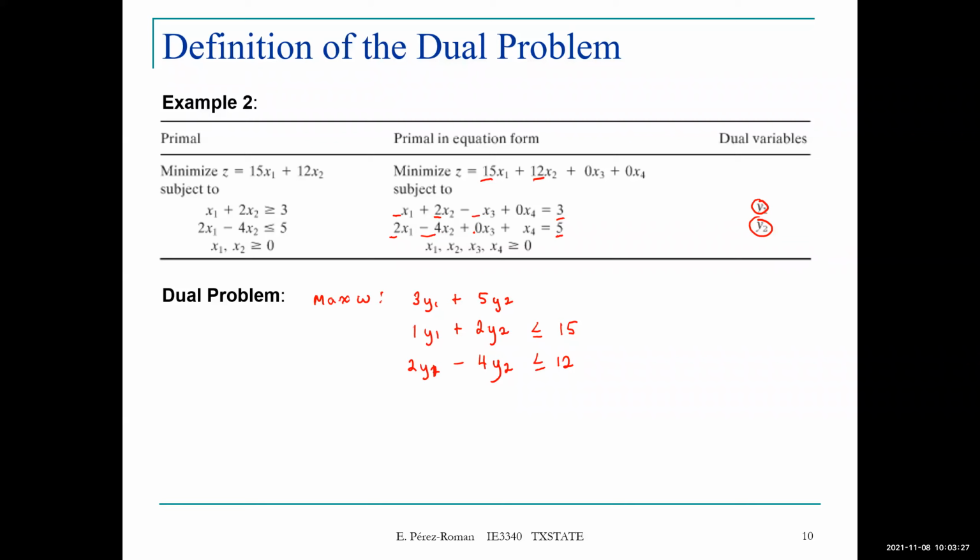And then we have minus 1 y1 plus 0 y2 less than or equal to 0. And then we have 0 plus 1 y2 less than or equal to 0.